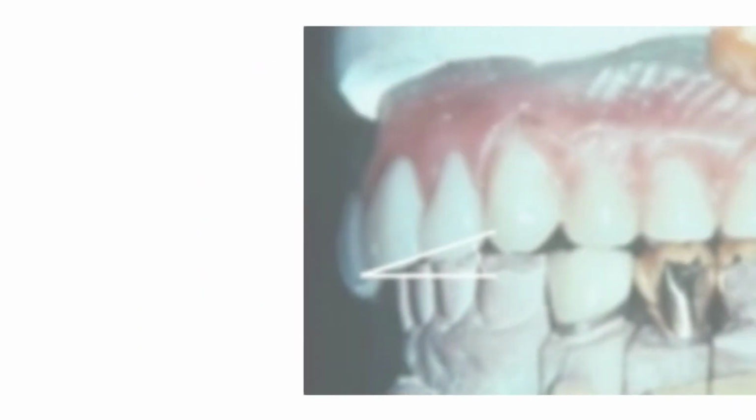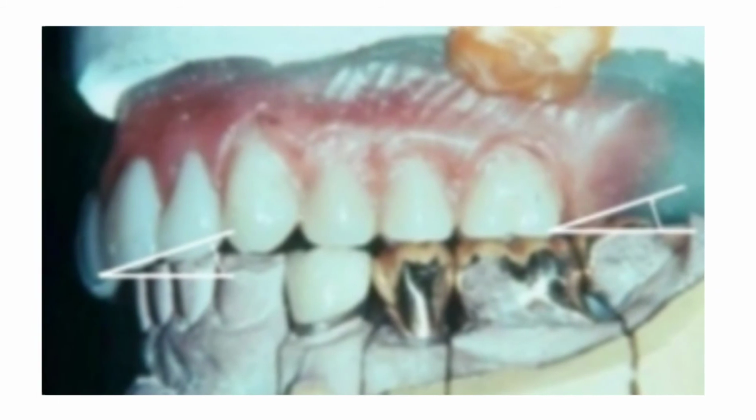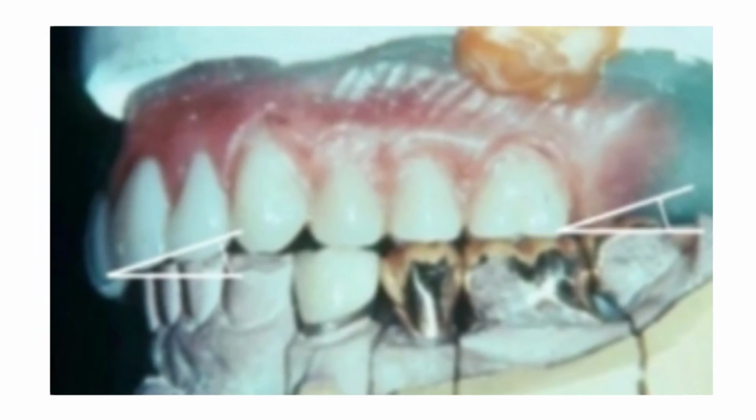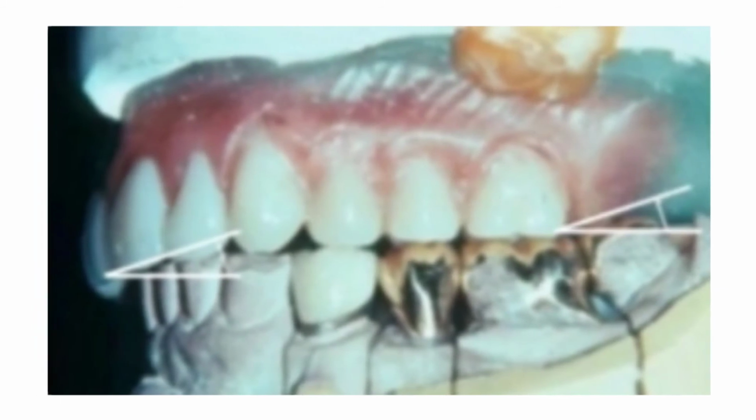Look at another diagram. Again in maxilla there is a single complete denture, but in mandible there is a fixed partial denture. Now look at another diagram. In maxilla again there is a single complete denture, but in mandible there is a removable partial denture.